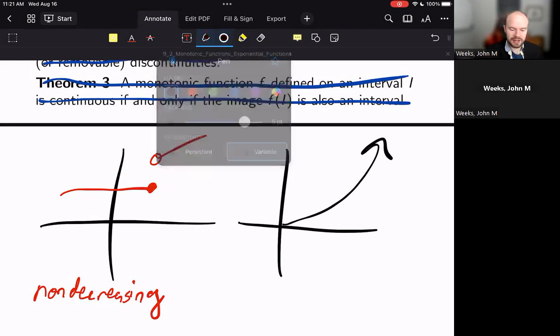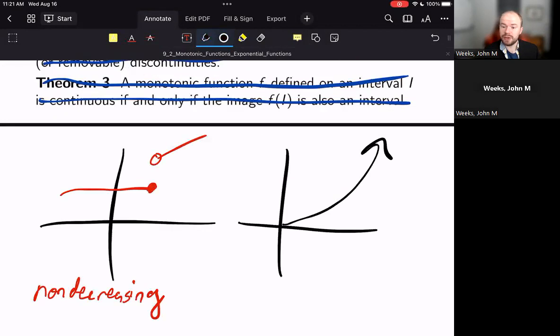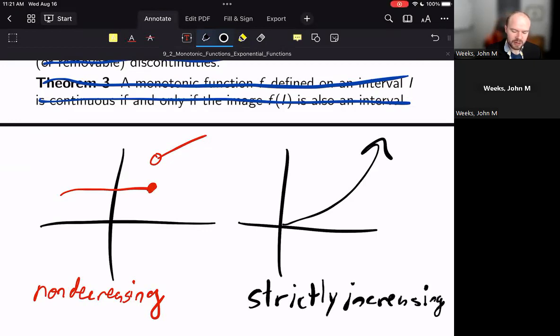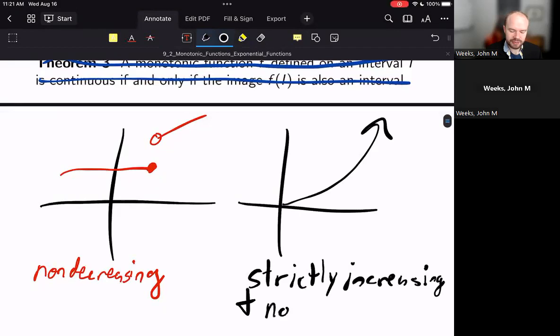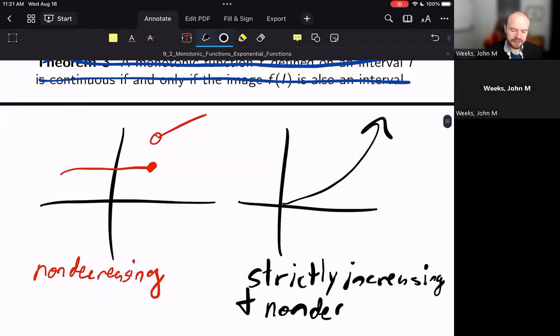Whereas this one on the right here, even though it does not have a domain of all real numbers, is still strictly increasing. And because it is strictly increasing, we also know that it is non-decreasing. So the world of non-decreasing functions includes those that are strictly increasing, like in this example here.